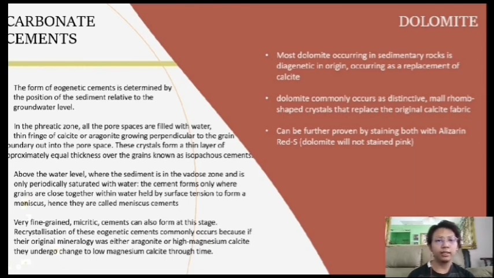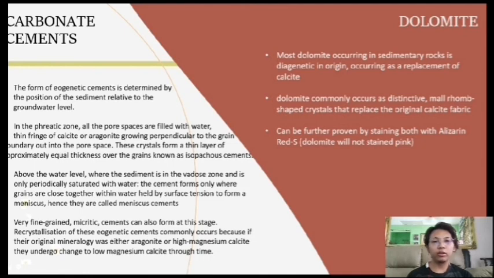Above the water level, the sediment in the vadose zone is only periodically saturated with water, and the cement forms only where grains are close together, with water held by surface tension to form a meniscus. Hence, they are known as meniscus cement. Very fine micritic cements are also found at this stage. Recrystallization of eogenetic cement commonly occurs because if their original mineralogy was either aragonite or high magnesium calcite, they undergo changes to low magnesium calcite through time.